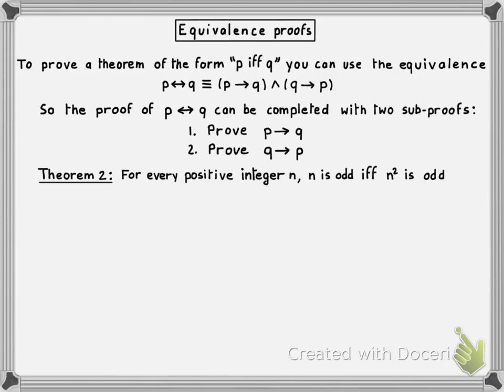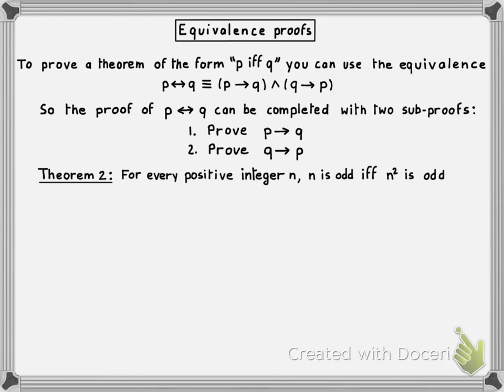First, you prove the if direction, namely, if n squared is odd, then n is odd. And then the second subproof is the only if direction. In other words, n is odd only if n squared is odd. So please pause the video and complete this proof for yourself. So I hope that this example convinced you that to prove an equivalence, you can simply prove two conditionals.